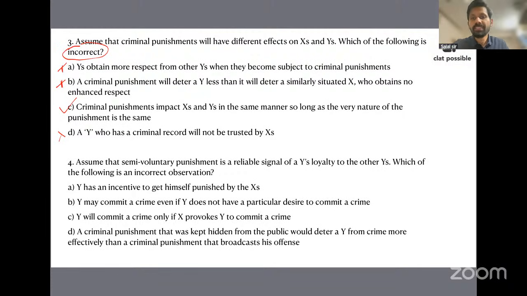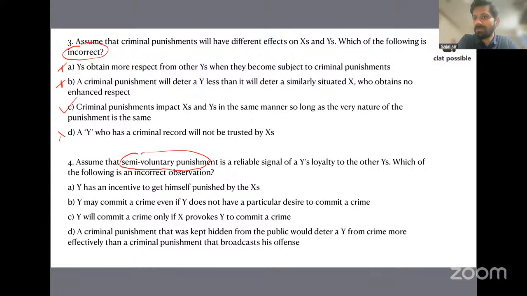Then assume that semi-voluntary punishment is a reliable signal of a Y's loyalty to the other Y's. Which of the following is an incorrect observation? Semi-voluntary means they are volunteering; in a semi way they are doing those crimes on purpose.